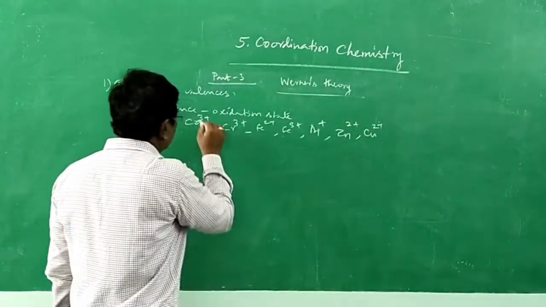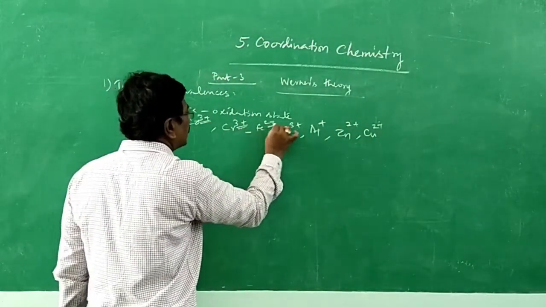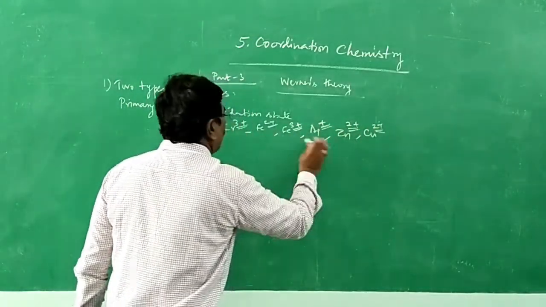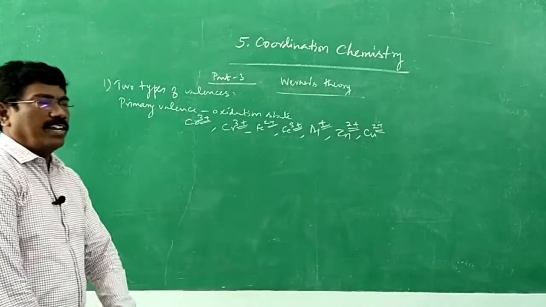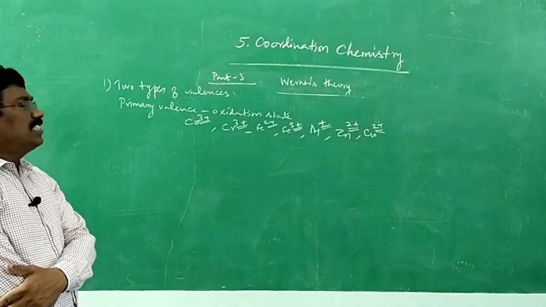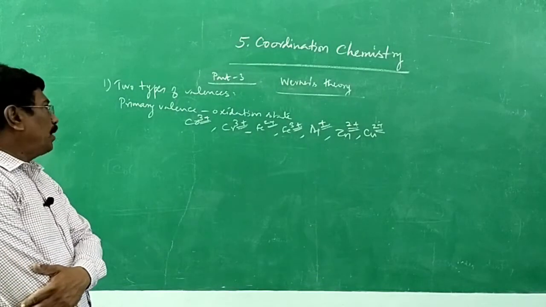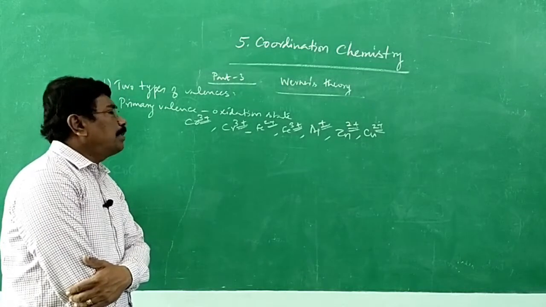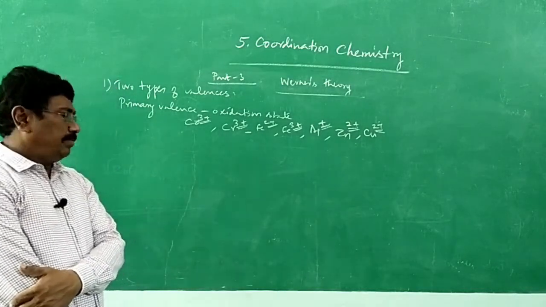All these metals are involved in coordination complexes, therefore I have mentioned them. So the primary valency of an element, usually a metal, corresponds to its oxidation state.